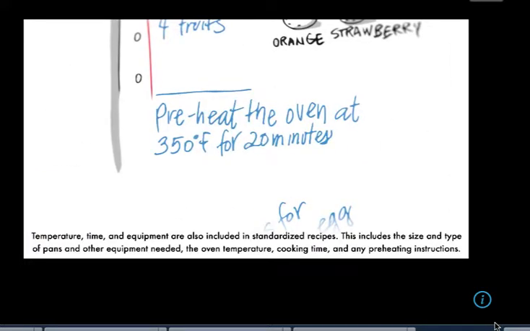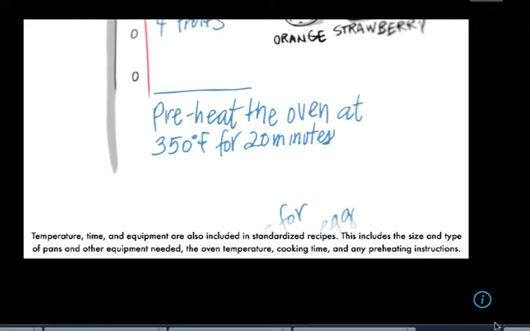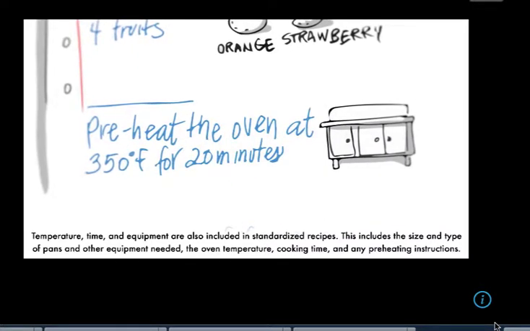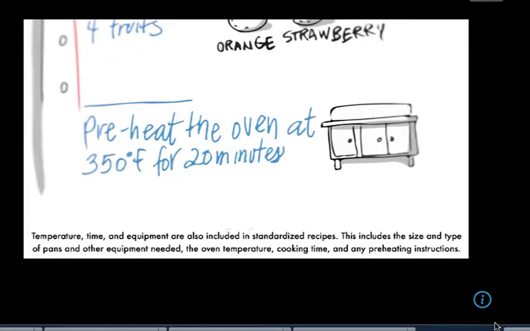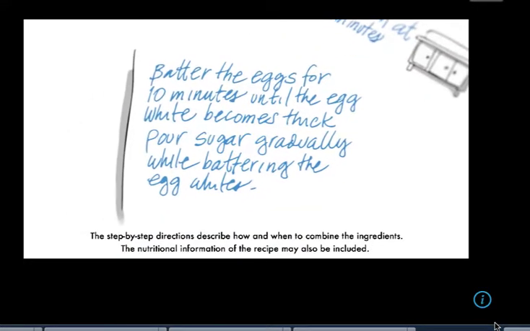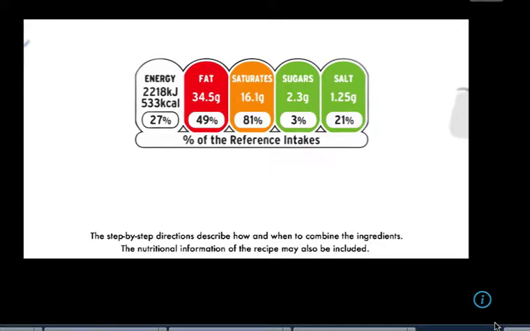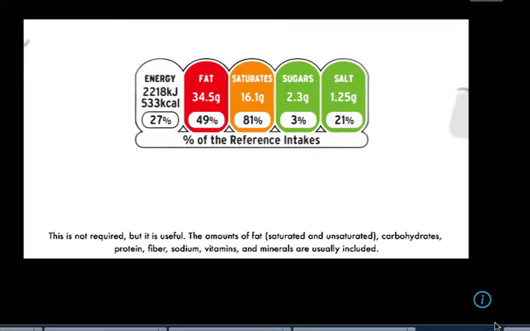Temperature, time, and equipment are also included in standardized recipes. This includes the size and type of pans and other equipment needed, the oven temperature, cooking time, and any preheating instructions. The step-by-step directions describe how and when to combine the ingredients. The nutritional information of the recipe may also be included. This is not required, but it is useful.